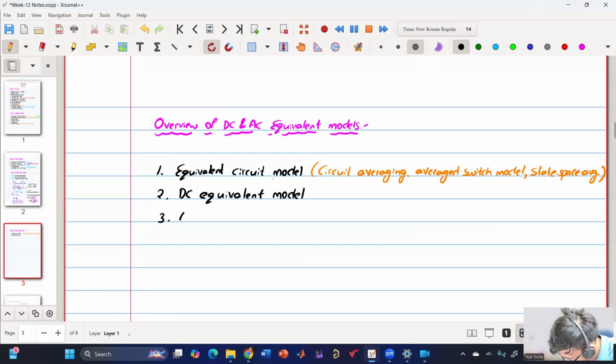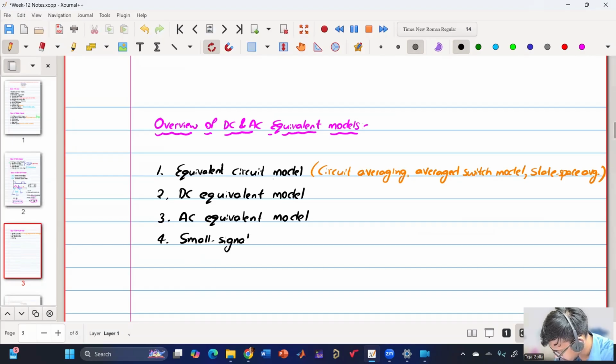We also got the AC equivalent model. From this AC equivalent model, we got the small signal transfer functions, I should say. And then using the small signal transfer functions, we have designed the controller, so we have put the controller with that.